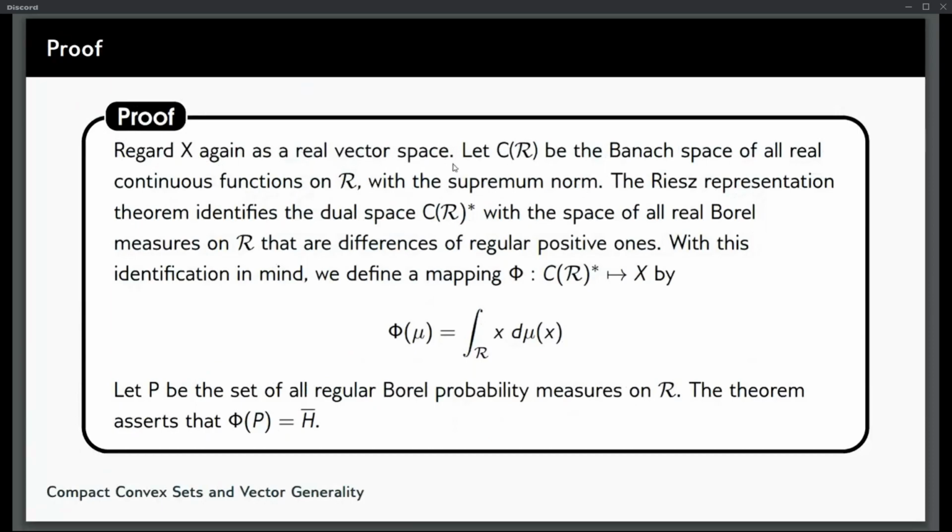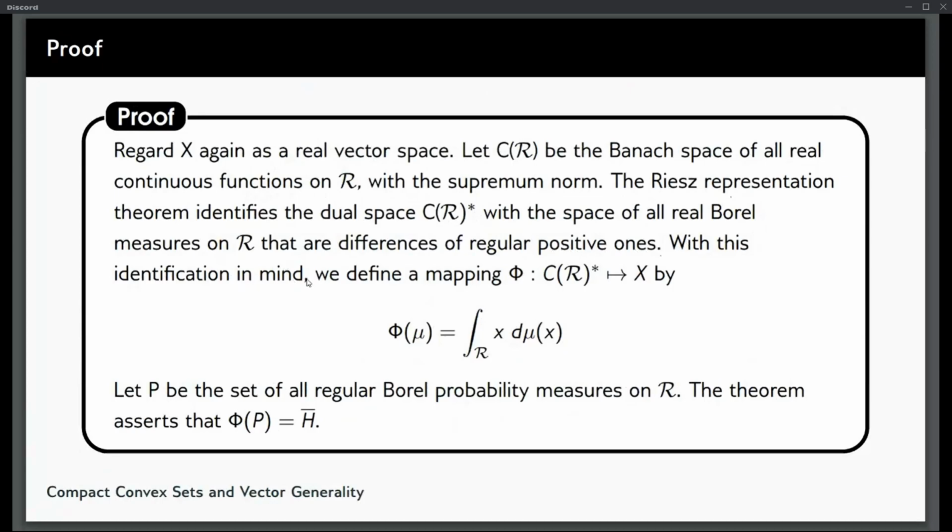So if X is a real vector space and C(R) is the Banach space of all continuous functions on R with the sup norm, the Riesz representation theorem, which you can find in RCA chapter 6, and chapter 2 for a simpler version, identifies the dual space of C(R) with the space of all real Borel measures on R that are differences of regular positive ones.